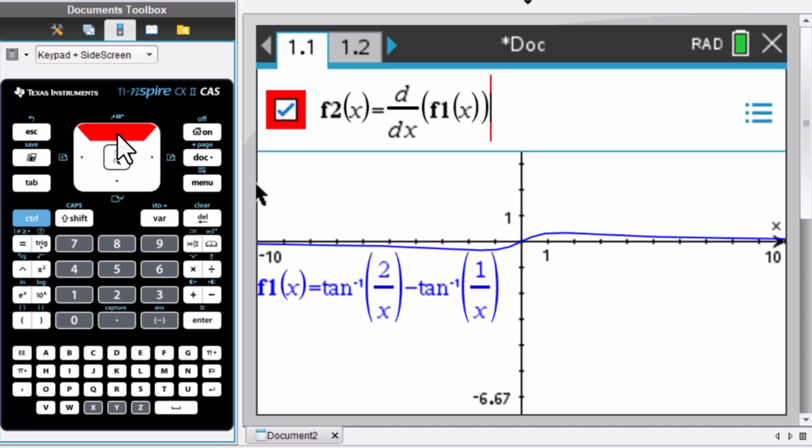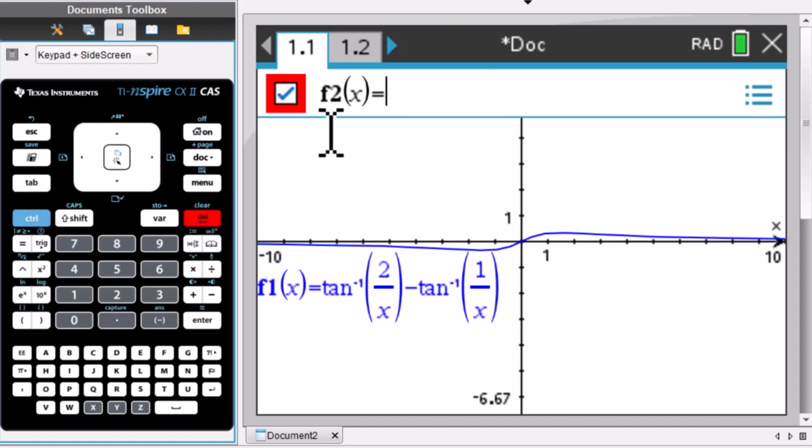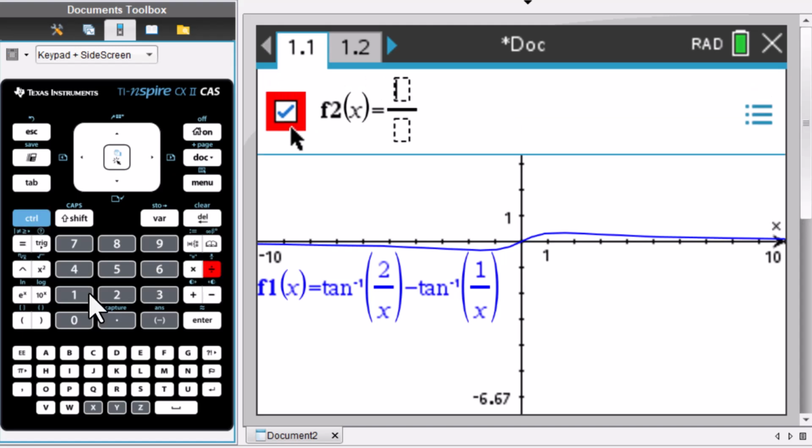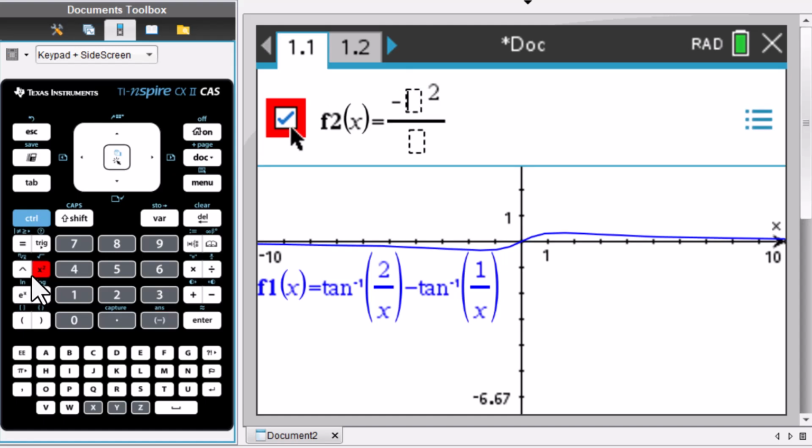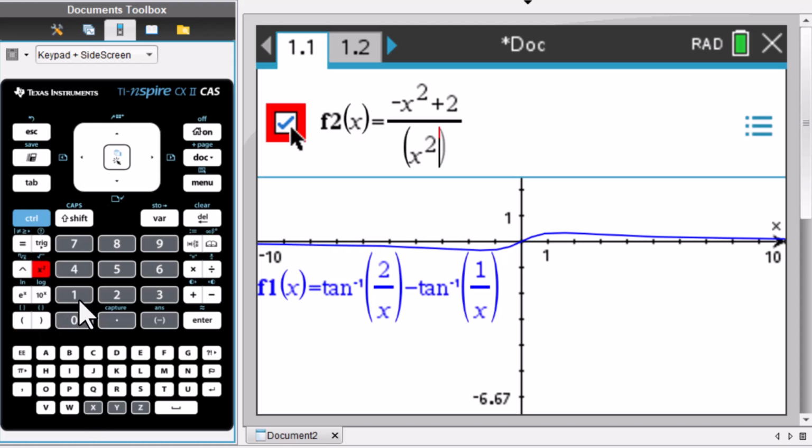This time we need to change this f2 of x into the function theta prime of x. f2 of x equals negative x squared plus 2 over parentheses x squared plus 4 times x squared plus 1.